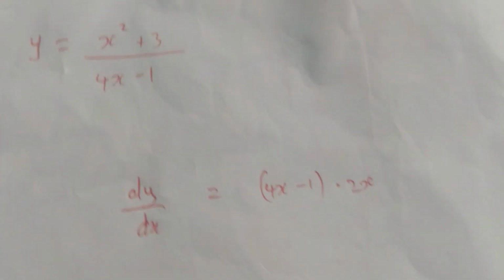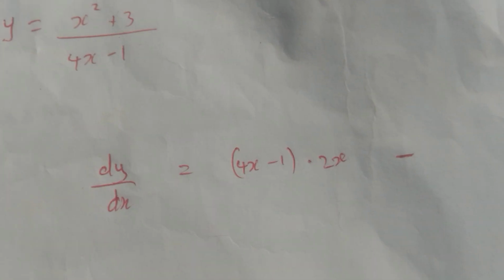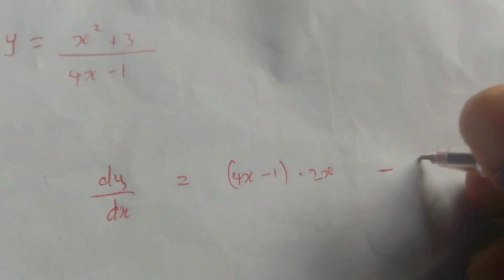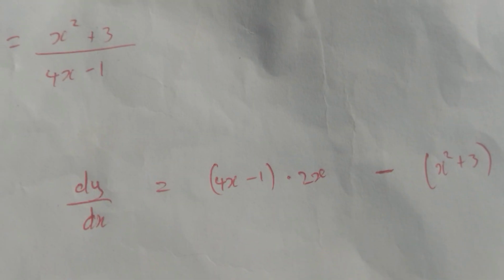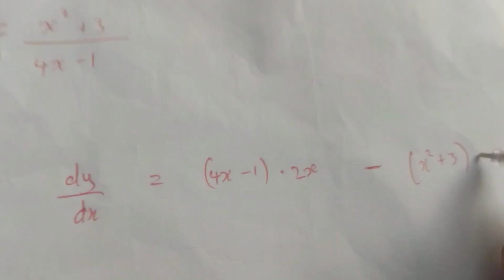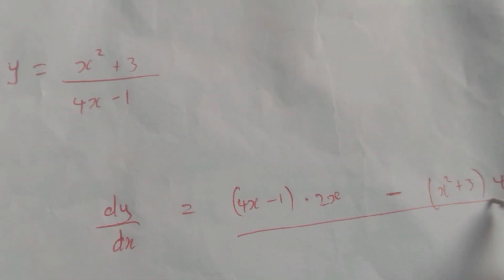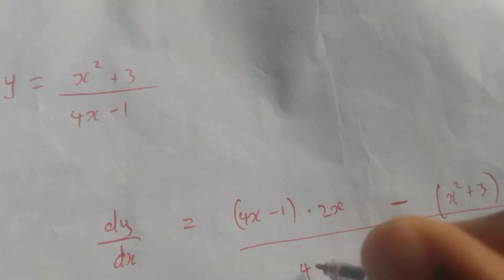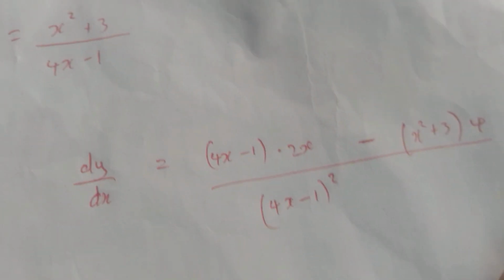So we won't write that 0. Minus the first function, which is x squared plus 3 multiplied by derivative of the second function, which is 4, all over 4x minus 1 squared.